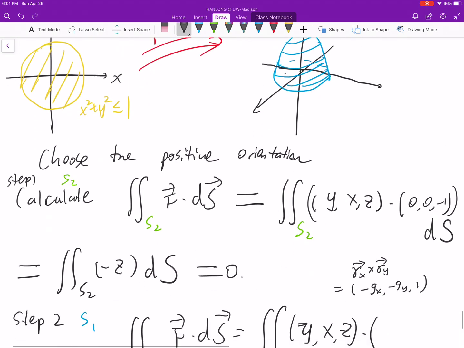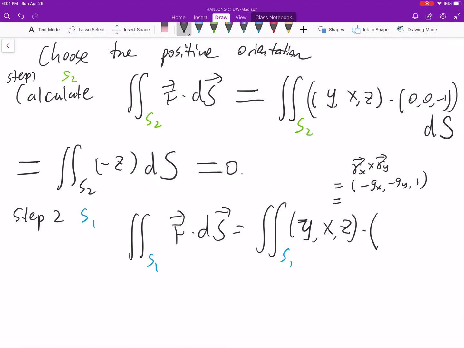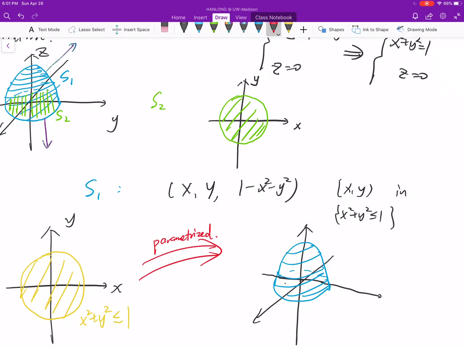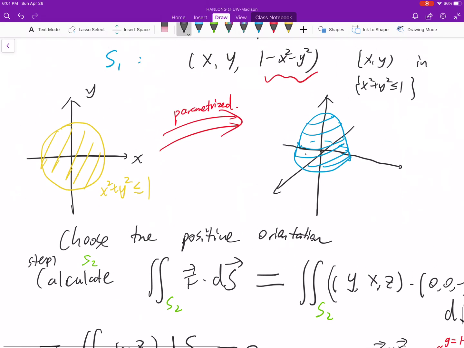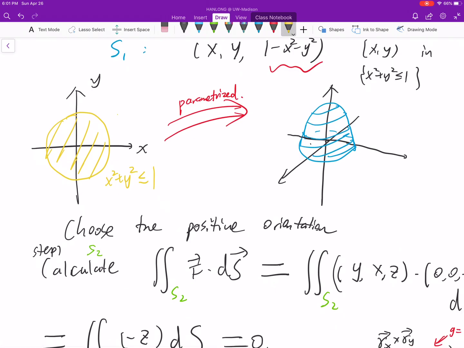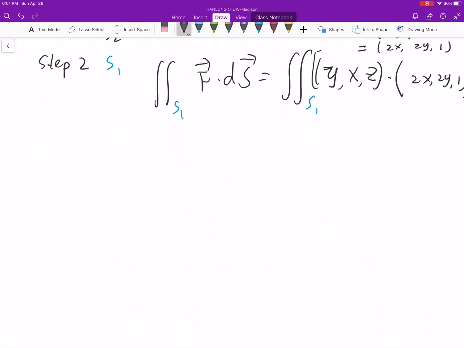Since your function g is 1 minus x squared minus y squared, this is 2x, 2y, 1. Just like here. So you have 2x, 2y, 1 dot product, and then dA. Here, let's call the region R. The integral should be on R.